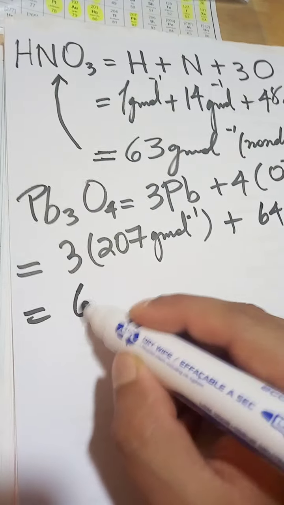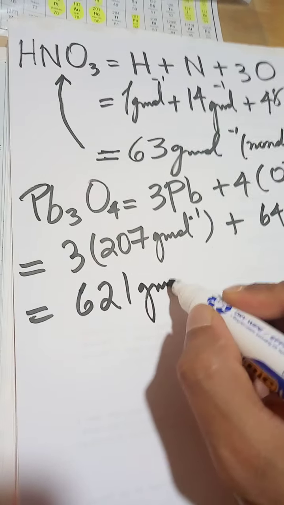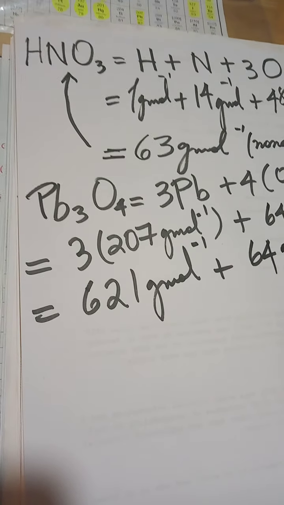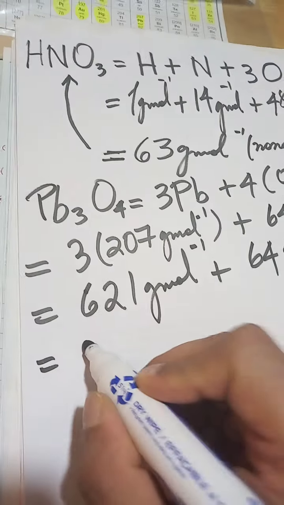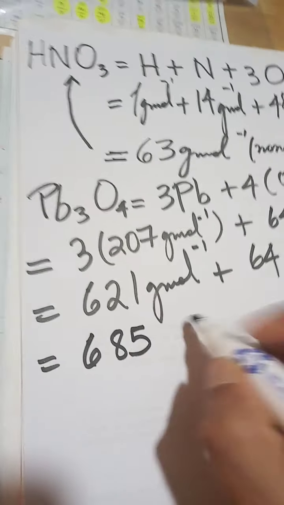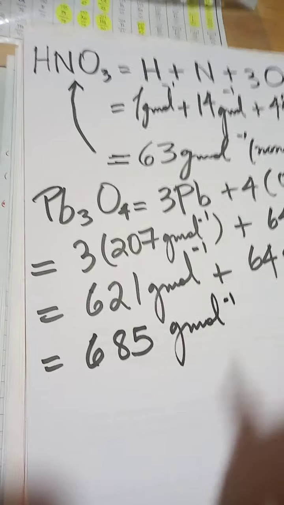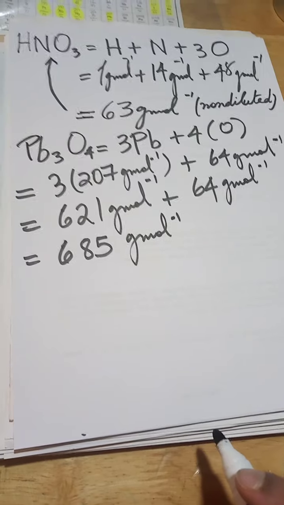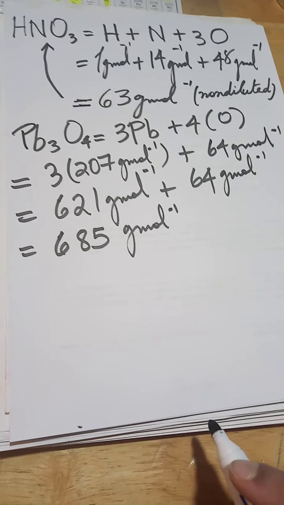That's 621 grams per mole plus 64 grams per mole. That'll be 685 grams per mole. So that's interesting. It's quite a large lattice, if I may say so.